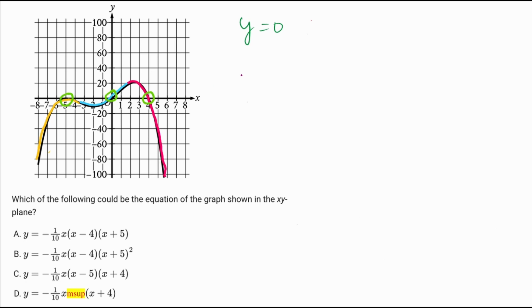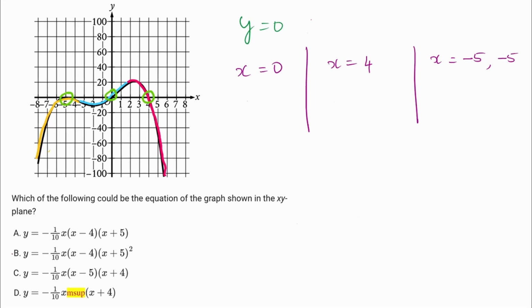Hence my roots are going to look like x equal to 0 and x equal to 4, and I'm going to have x equal to negative 5 and negative 5. I'm just going to rewrite these values as x equal to 0, x minus 4 equal to 0, and x minus 5 the whole square equal to 0.